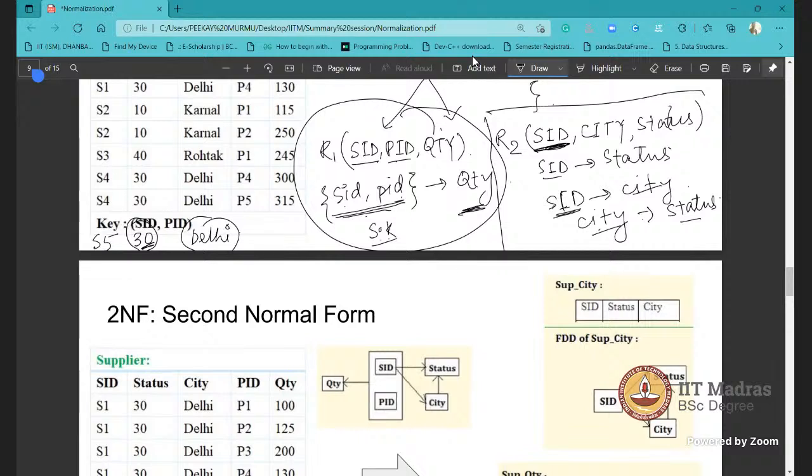Here QTY, meaning quantity, is not a prime attribute, right? So it satisfies one condition, which means it is in third normal form. Similarly, we have to check this particular one, which is a candidate key. We're checking for the third normal form. This SID is a super key because it is a candidate key, so it is in third normal form.